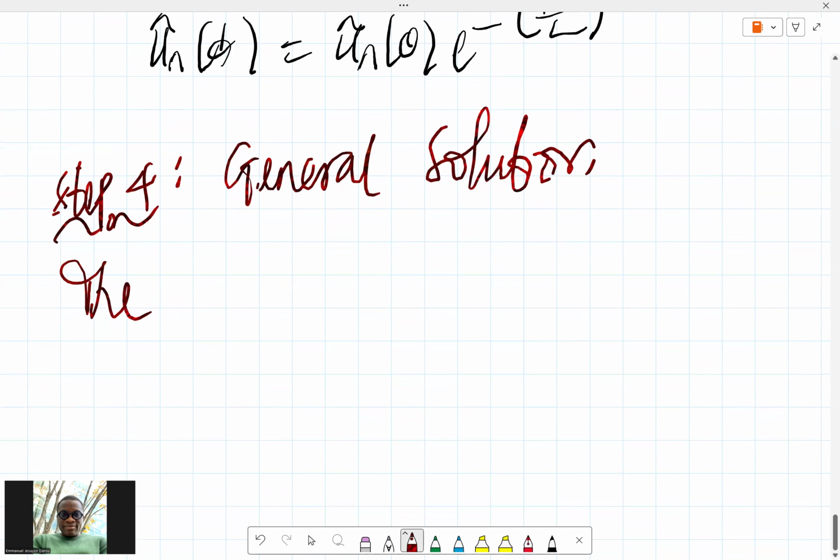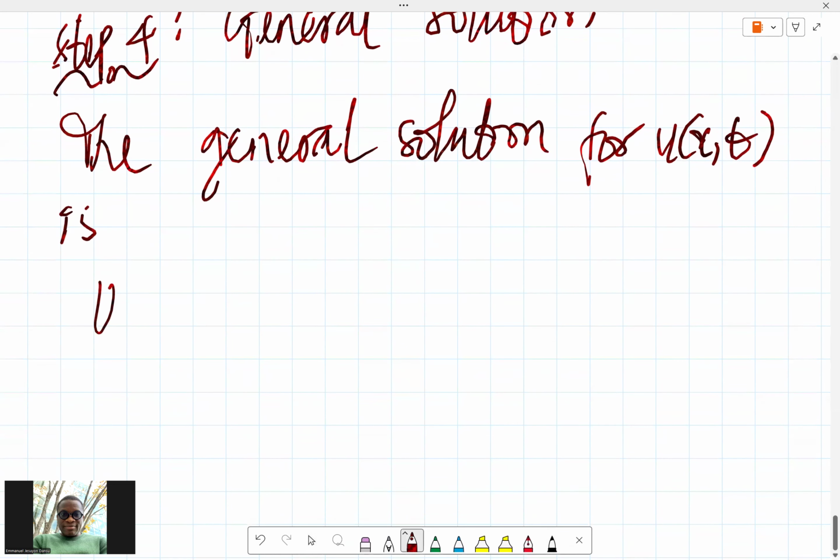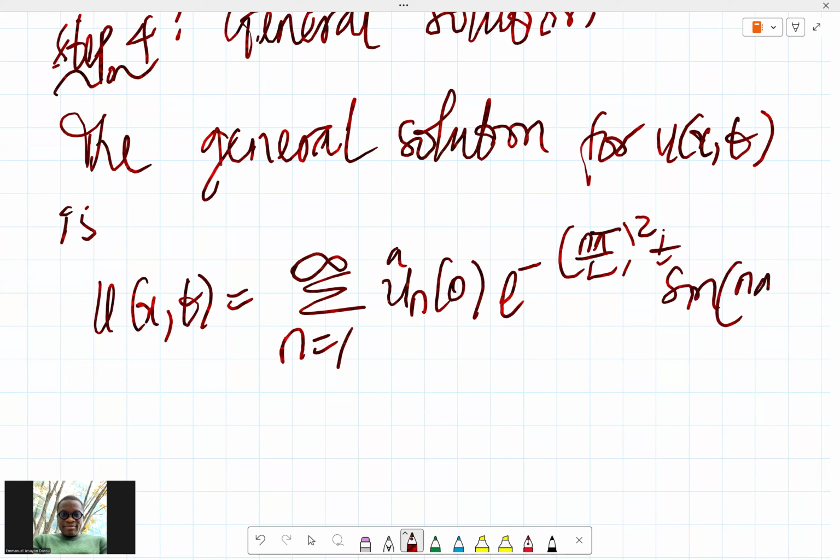The general solution for u(x,t) is u(x,t) equals the summation from n equals 1 to infinity of u_n(0) e raised to minus (n pi / L) squared t, sine(n pi x / L).